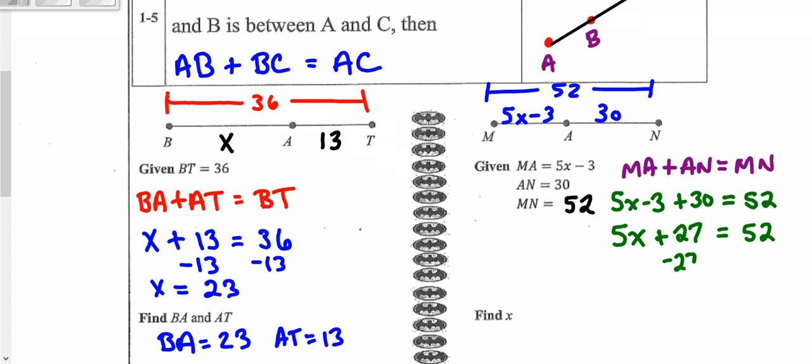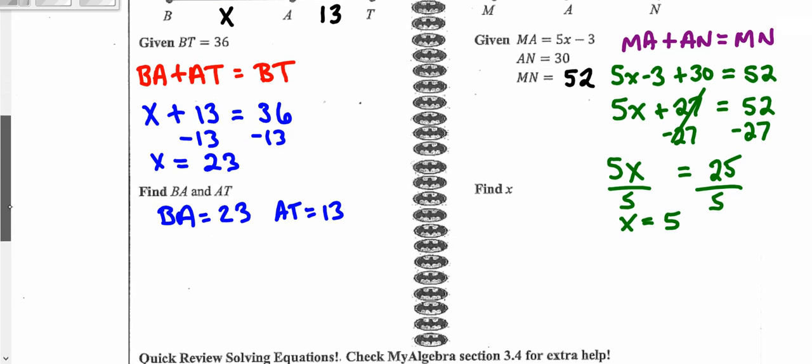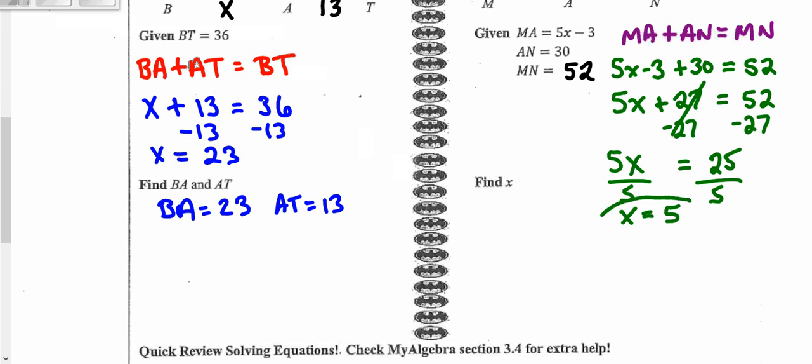We'll subtract 27 from both sides. So we'll end up with 5x equals, and 52 minus 27 is going to be 25. And then we're going to divide by 5, and x equals 5. So that's our final answer.